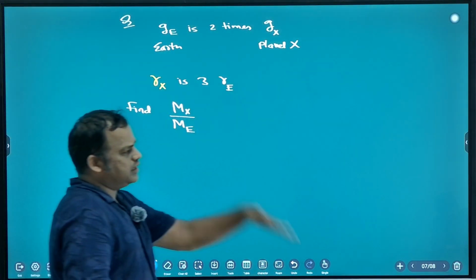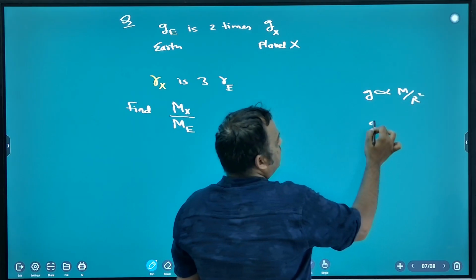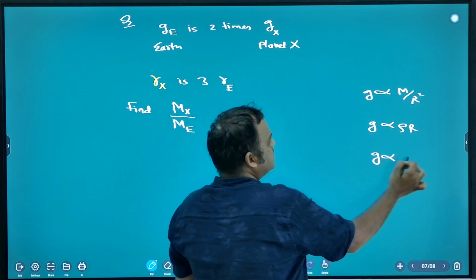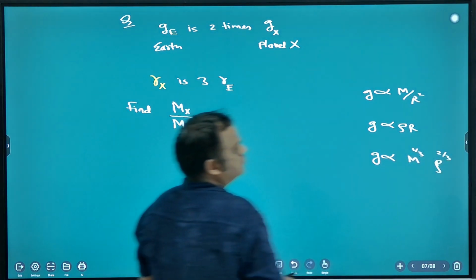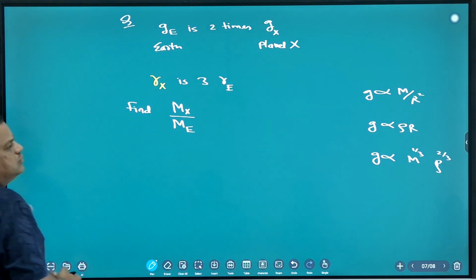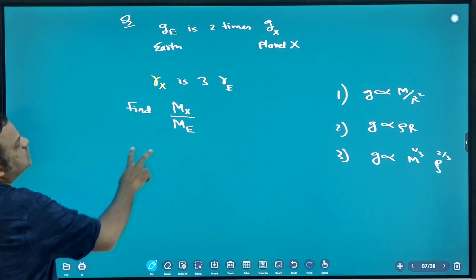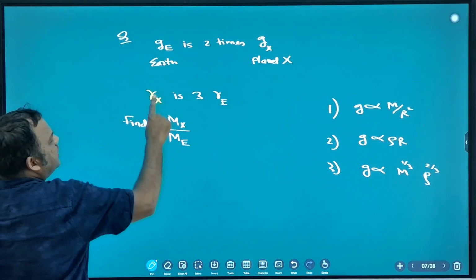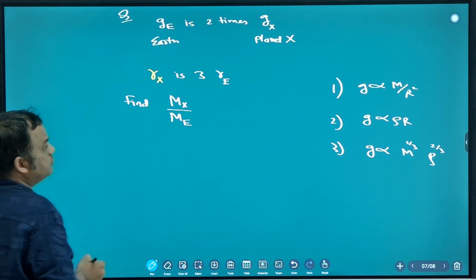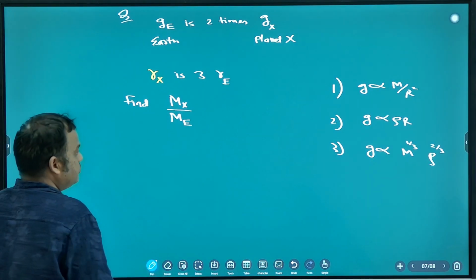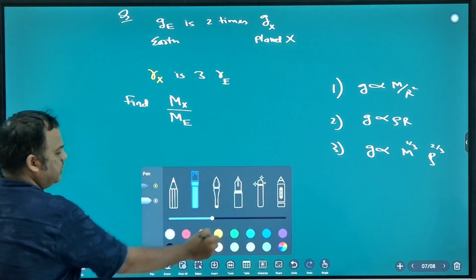So note down. Formula 1, 2, 3. Which formula? Formula 1 is this. Formula 2 is this. Formula 3 is this. Which formula? First, correct. First. Because you are talking about gravity, radius, mass. Tell me your answer.